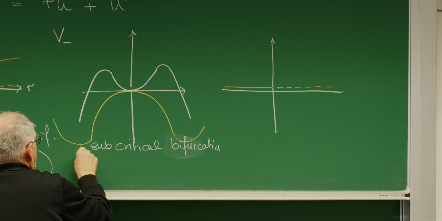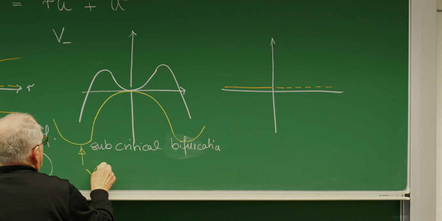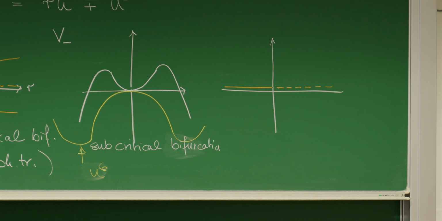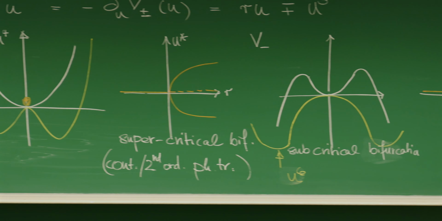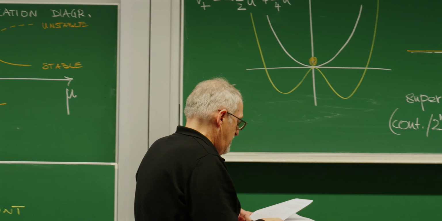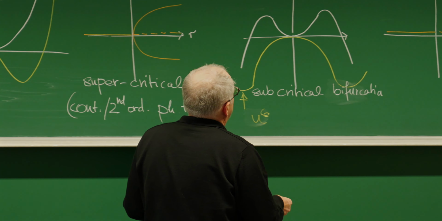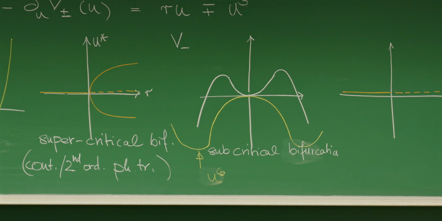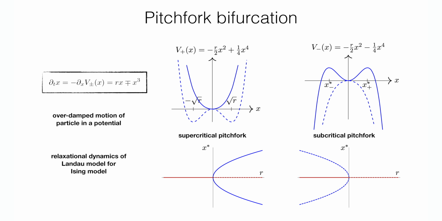This is due to terms in the potential that go like u to the power 6, or correspondingly u to the power 3 if you go to the corresponding differential equation. Okay? So the structure is then different.